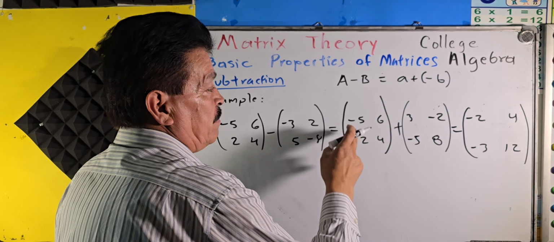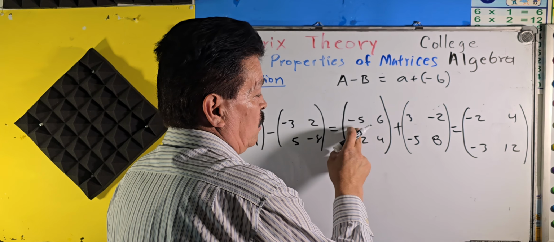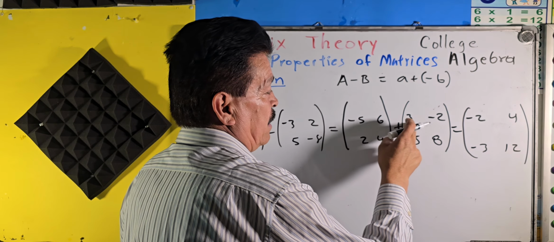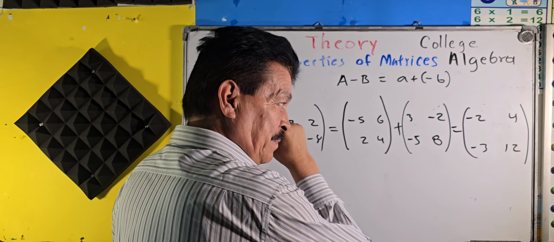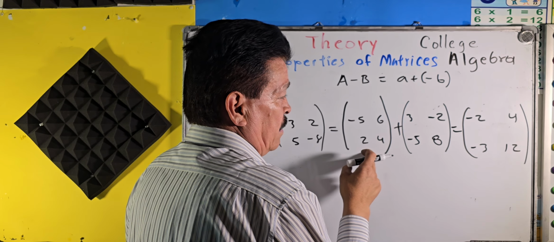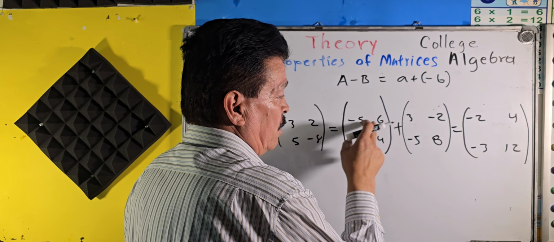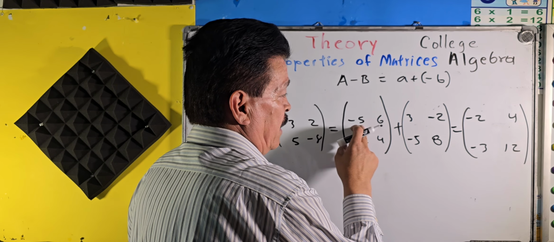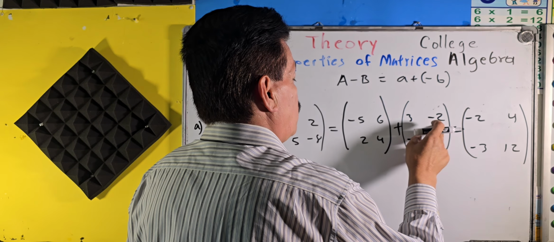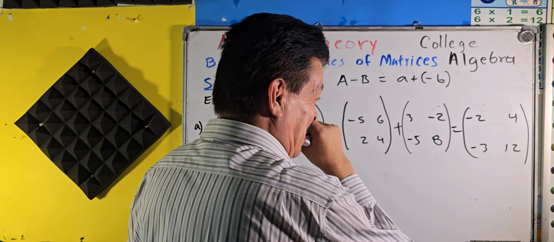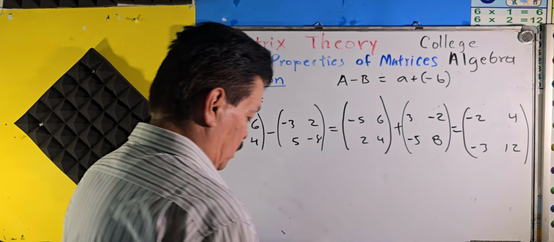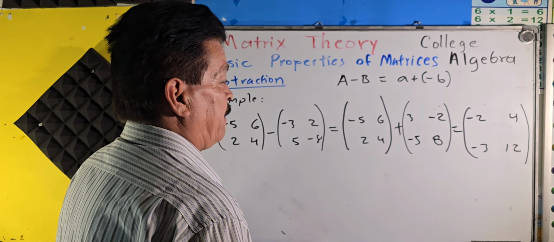Negative 5 plus 3 is negative 2. And then the next one, negative 7 plus 5, negative 2.